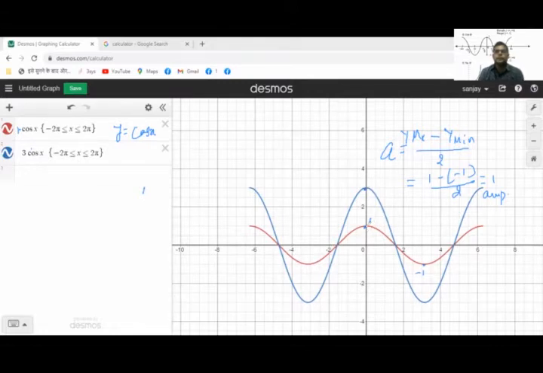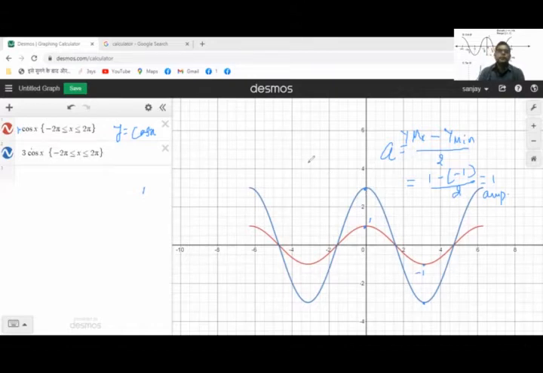It was 1, now 2, and then this is 3, because the values have been multiplied by 3. The highest point is 3 on either side of the x-axis, therefore the amplitude is 3 just by observing the graph.